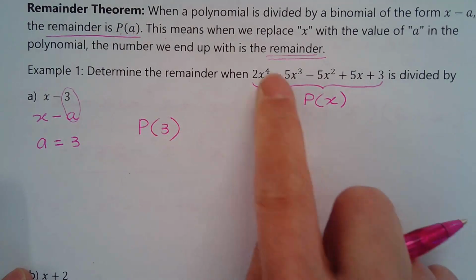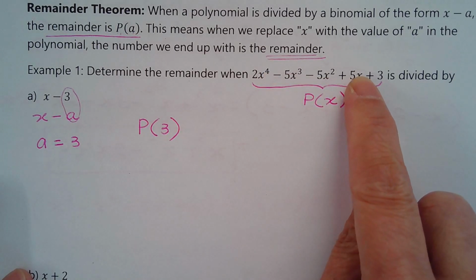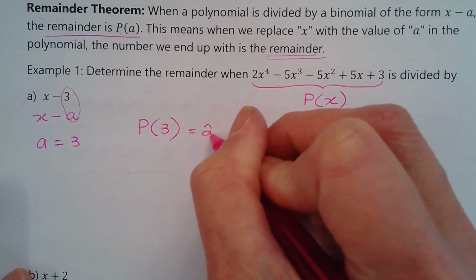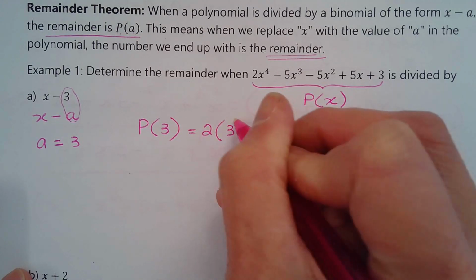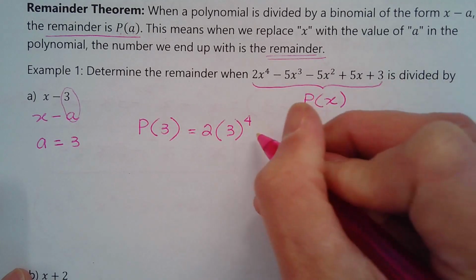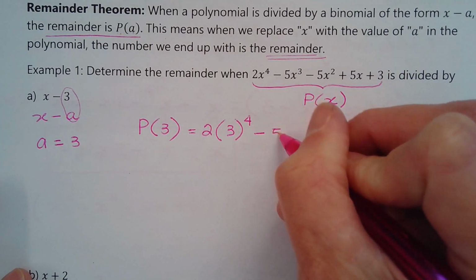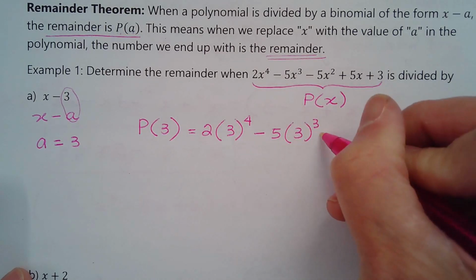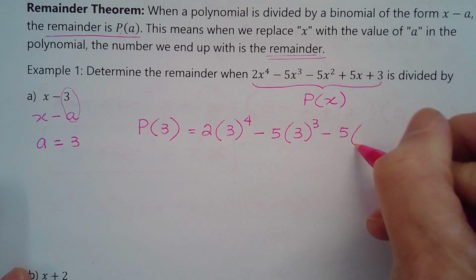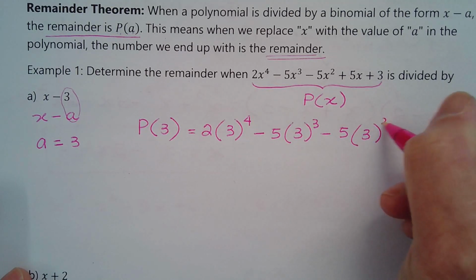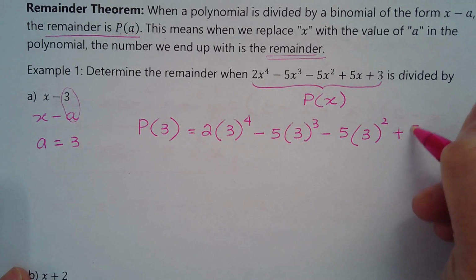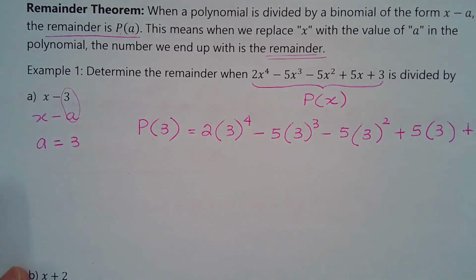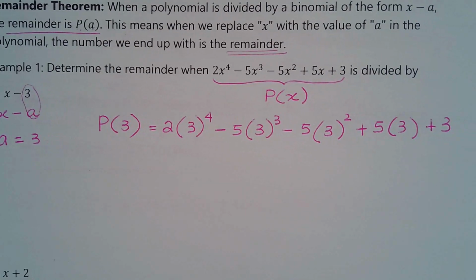This is p, and we're going to replace the x with 3. So what would that look like? 2 times 3 to the fourth, minus 5 times 3 cubed, minus 5 times 3 squared, plus 5 times 3, plus 3.